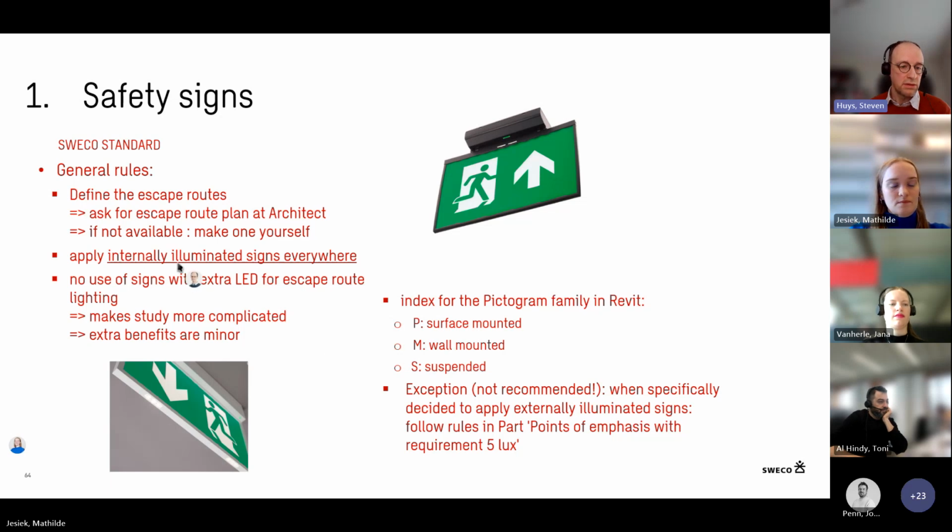As Mathilde already said, we think it's more convenient to use internally illuminated safety signs everywhere.